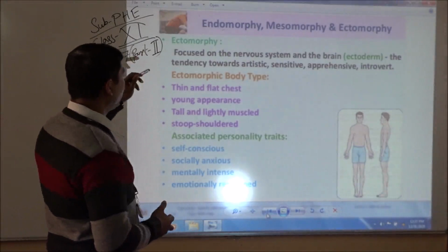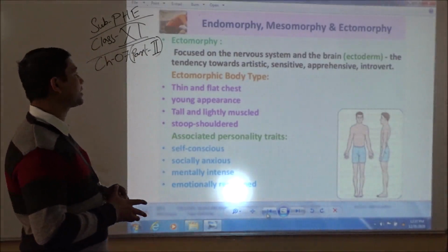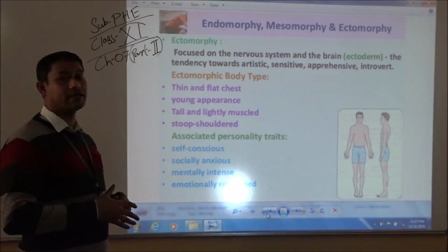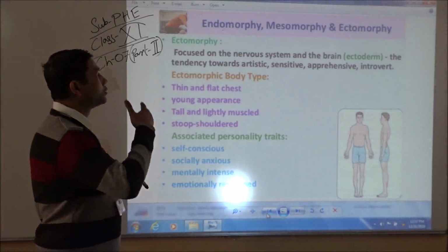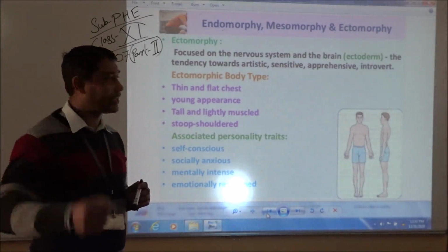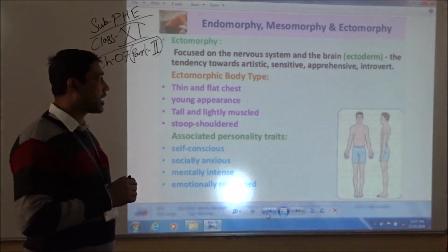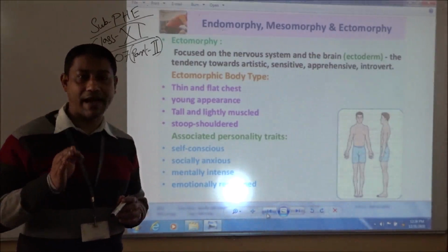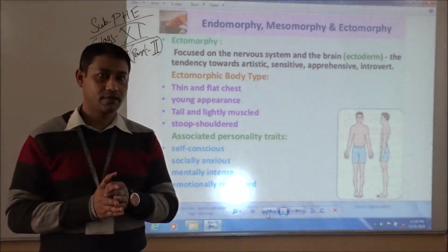So we can conclude ectomorphs by saying that they have a tendency or liking towards artistic things. They are very sensitive. Ectomorphs are very apprehensive and very introvert in nature.